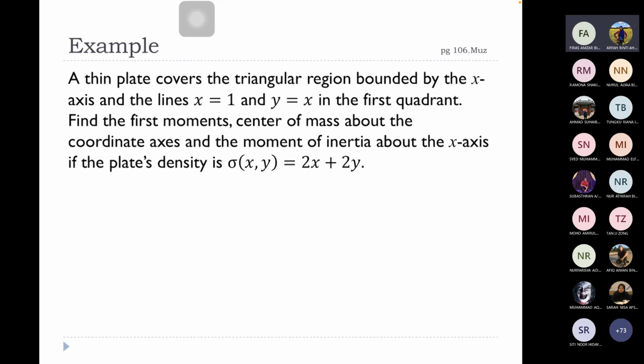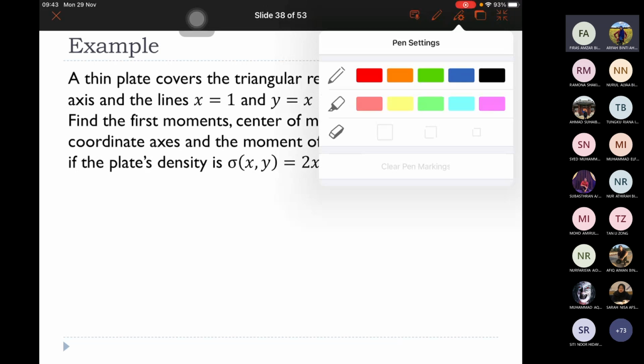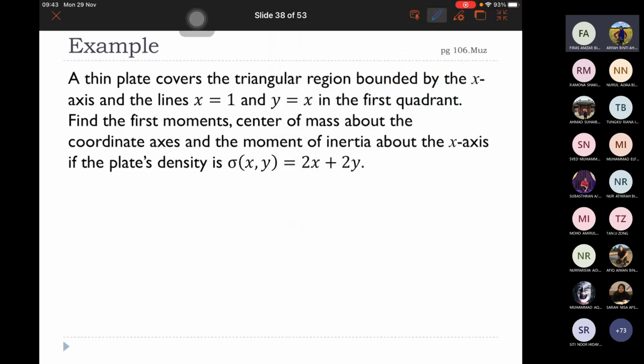So dia cakap dekat sini a thin plate covers the triangular region bounded by the x-axis and the lines y sama dengan x dan juga x sama dengan 1 located in the first quadrant. So kita boleh sketch. Okay, tengok dekat mana letak. So find the first moment, center of mass.